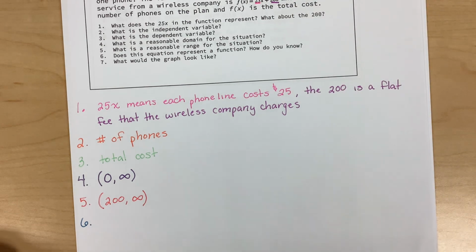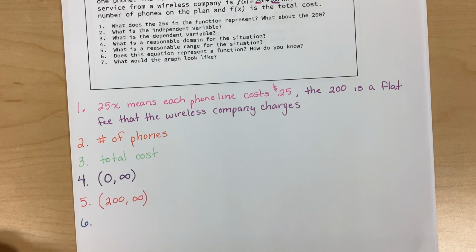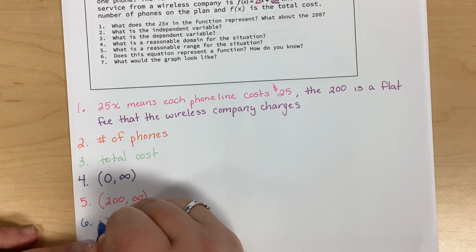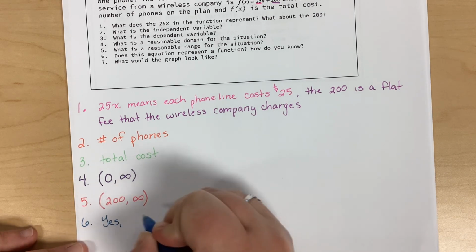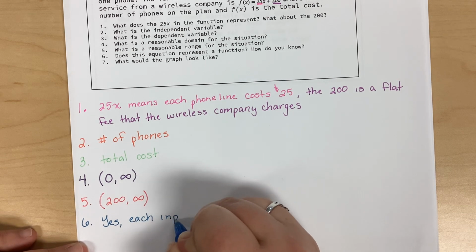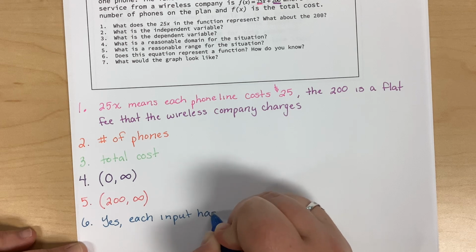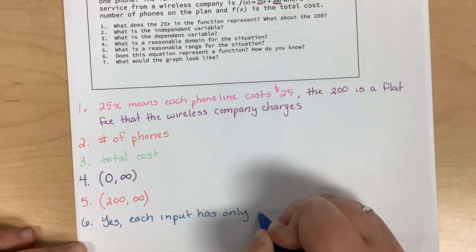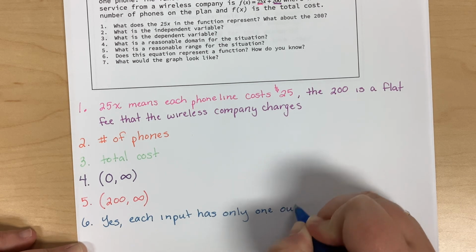There is no possible way for me to pay anything but 225 in this case. So this is a function. Each input has only one output.